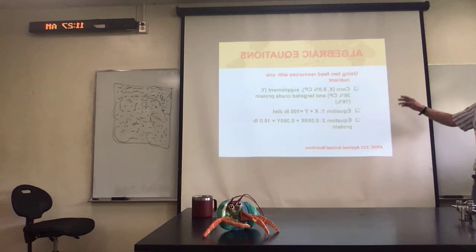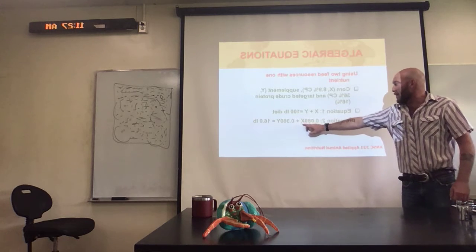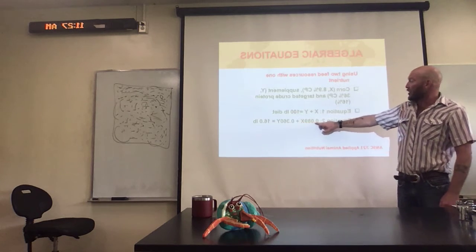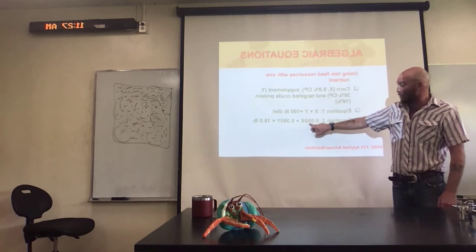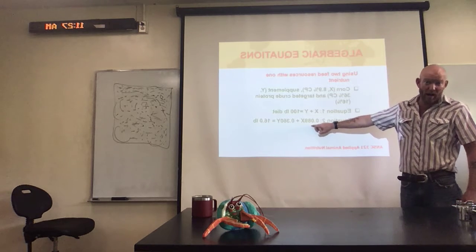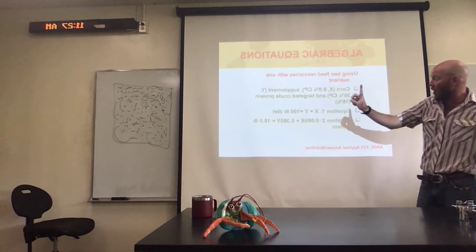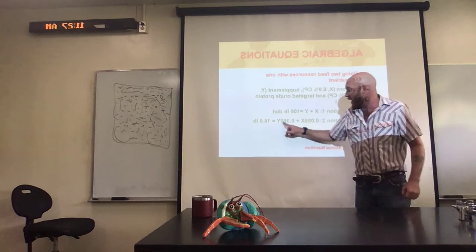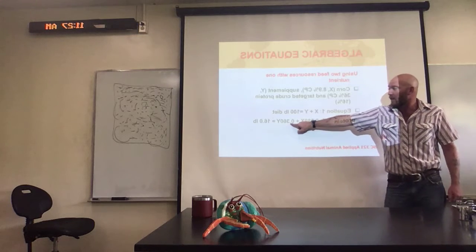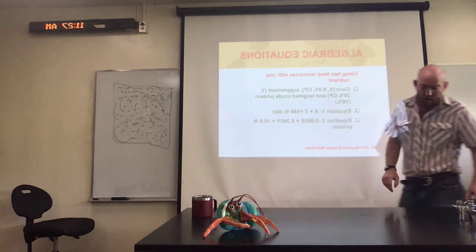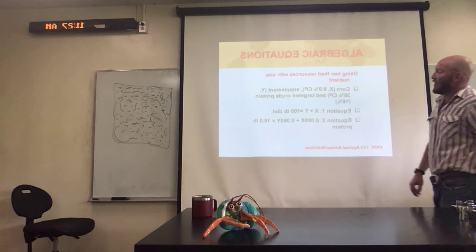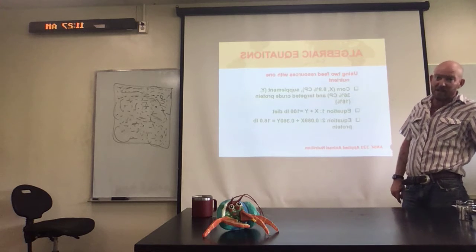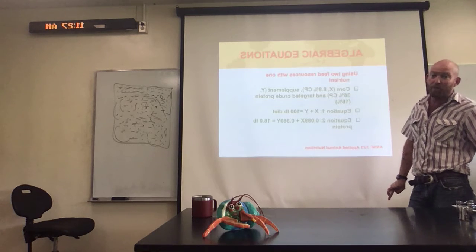And then, since we know that the amount of our X is 8.9%, or drawn out of a 1, 0.089, and then our Y is 36%, or 0.36 of 1, okay? And that is going to equal 16 pounds of protein.